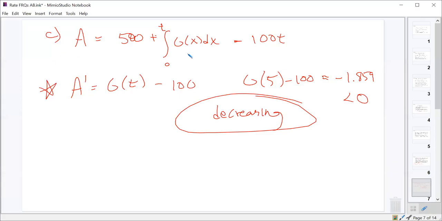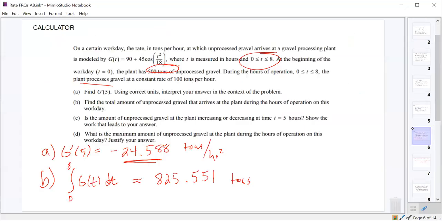I just like to set this one up because oftentimes some part of the problem will ask us how much gravel there is at a certain time. And so I like to have that equation already there. Even if it doesn't ask in this problem, it's helpful to see what that equation is because they sometimes ask for that. For example here, what is the maximum amount of unprocessed gravel at the plant during the hours of operation?